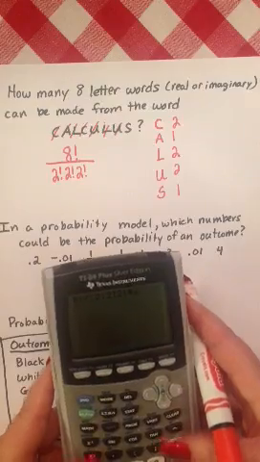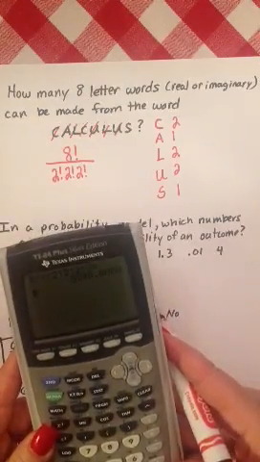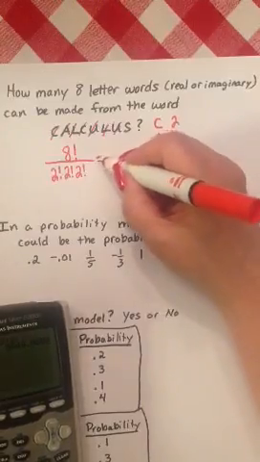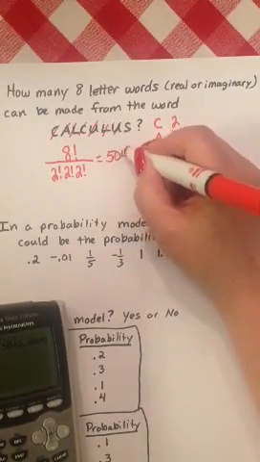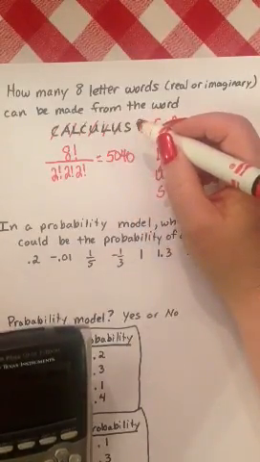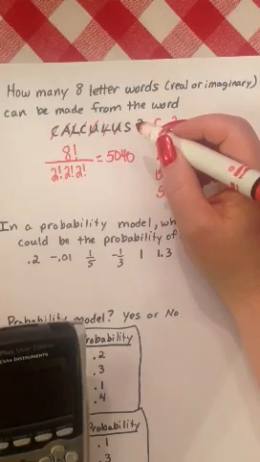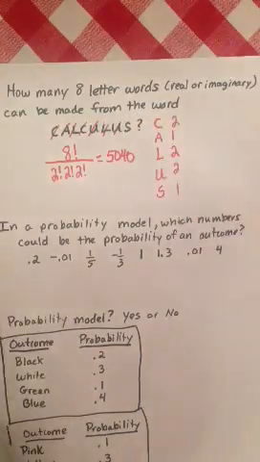I'll close my parentheses to be neat and tidy, and I get my answer is 5,040. 8 factorial divided by 2 factorial times 2 factorial times 2 factorial. And that's your answer.